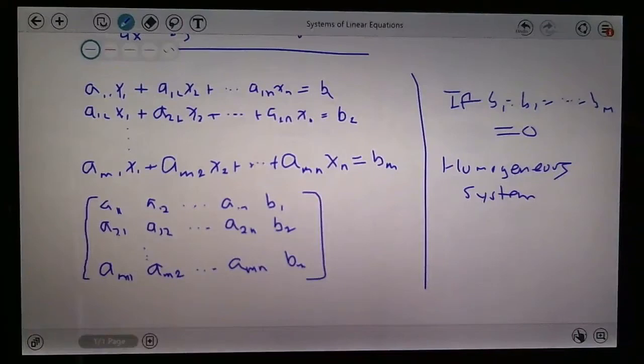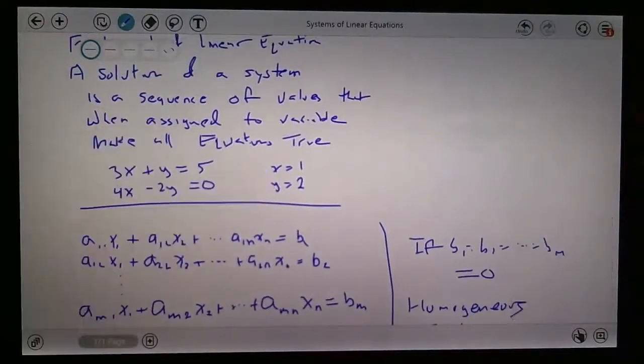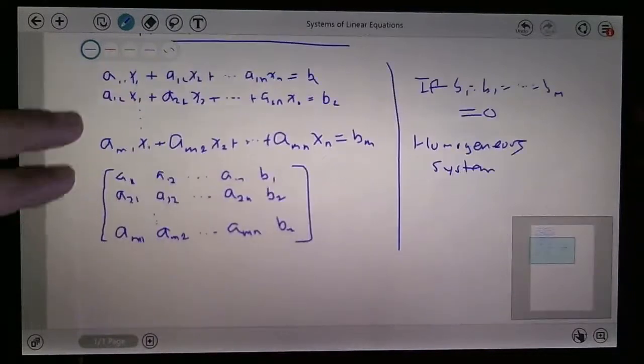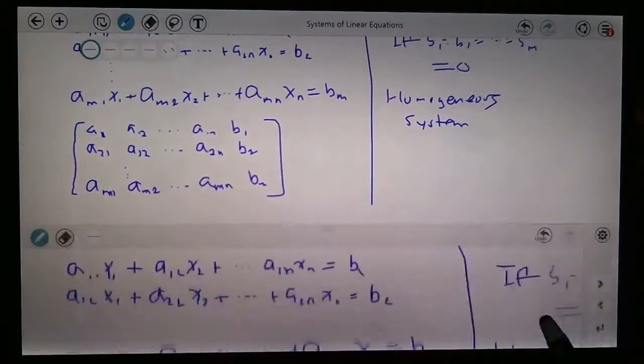Okay. Now, as we've seen, systems have solutions sometimes. There's also times when systems don't have solutions. And so we have a couple of different words that I want to put out here.